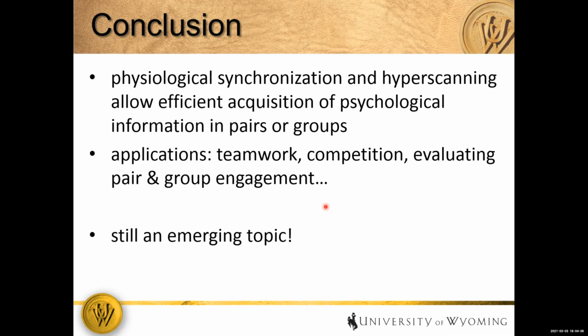Either you look at how they synchronize with each other and use that as a metric of collaboration or competition quality, or you just merge them together to get group information about a situation that is more accurate than if you pulled it from just one individual participant.